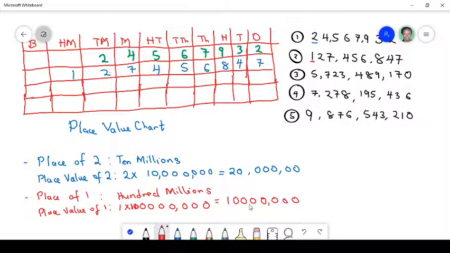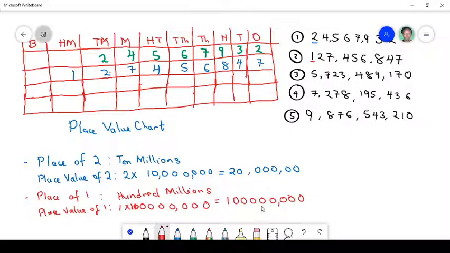If you multiply, you realize that you have 8 zeros.